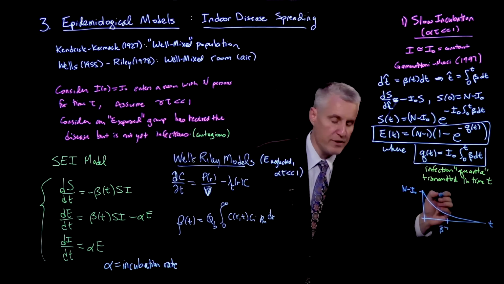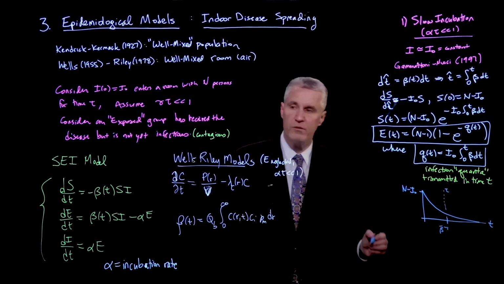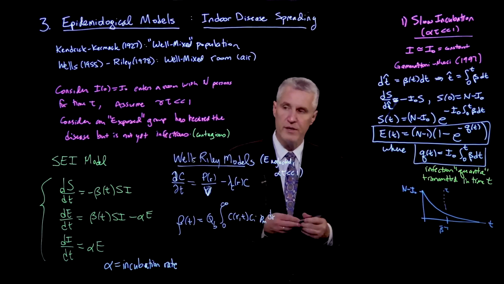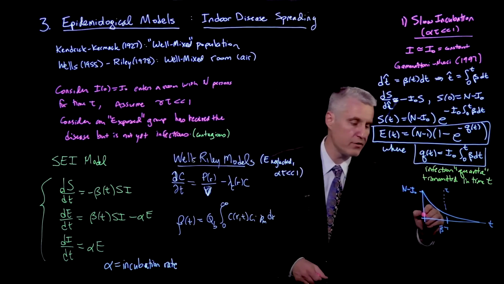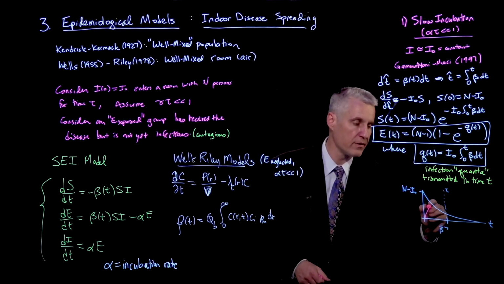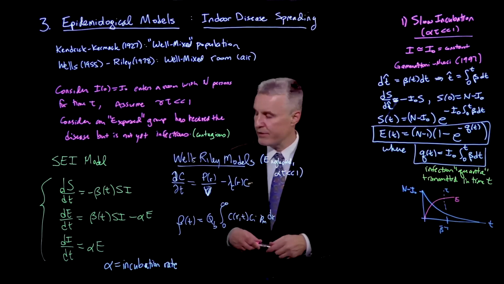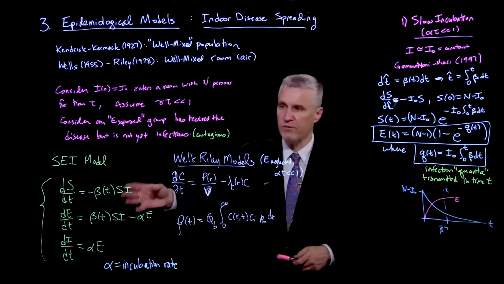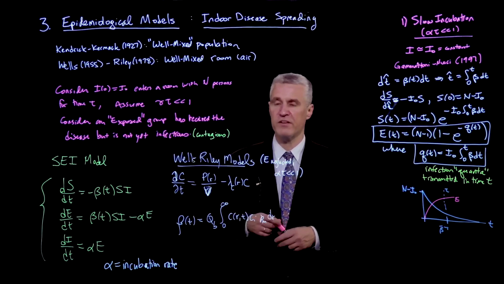But what's actually happening is you cut it off at a certain time tau. So that's the time that you're in the room. In that time, the number of susceptible people has gone down, and the number of exposed people goes up. But then because the incubation rate is slow, the exposed people never become infectious in this model. So the number of infectors is fixed.